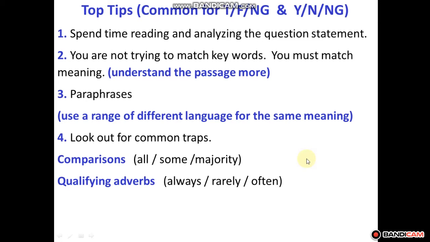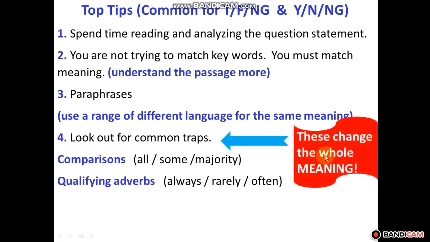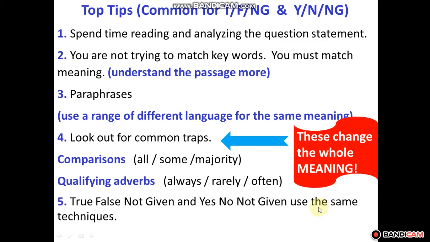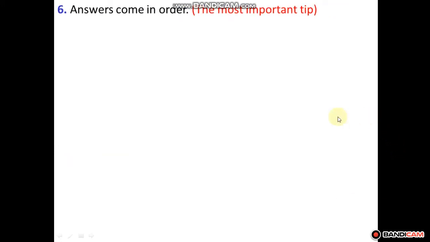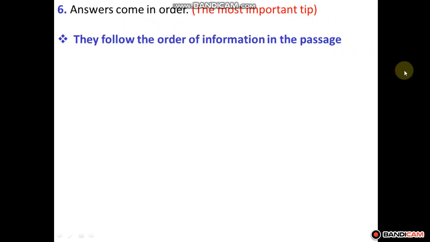Alright, so they can change the meaning, and this is what we mean. These change the whole meaning. Okay, so pay close attention to them. Number 5, true, false, not given, and yes, no, not given use the same techniques. Generally, their techniques are the same. Alright. Number 6, answers come in order. So don't worry at all. This is the most important tip you have to keep in mind.